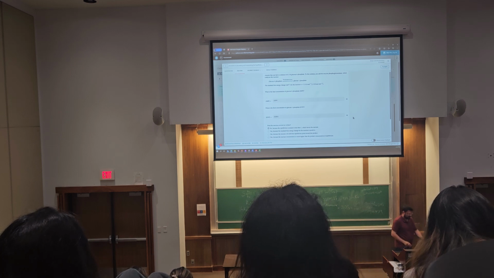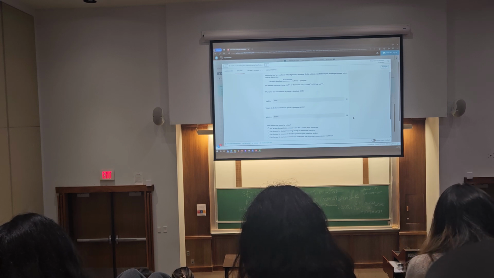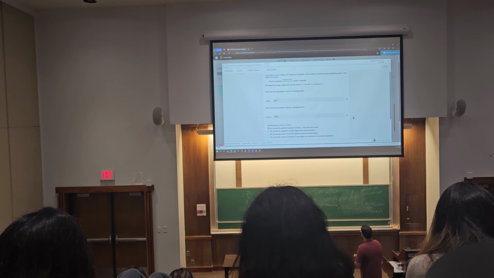So the concentration at equilibrium is 0.095 molar of glucose 6-phosphate. Now, again, when we're doing these types of calculations, it's always important to sanity check yourself, right? Because it's very easy to mix up a fraction or miss a negative sign, right?